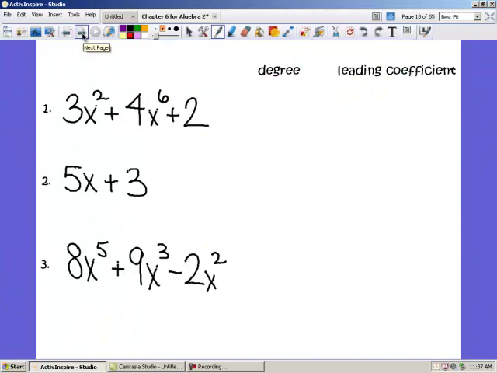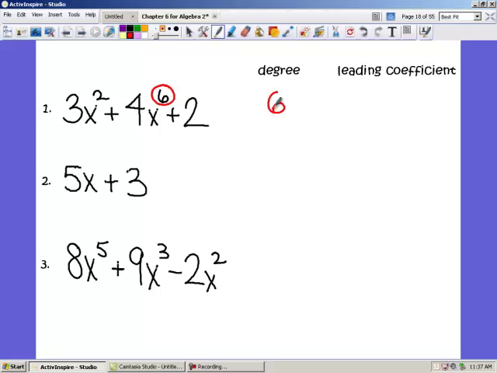Here are a few practice problems we're going to look at. In number 1, we're going to list the degree. As you see, we have 3x squared plus 4x to the 6 plus 2. The degree is the highest exponent, so 6 is the degree.